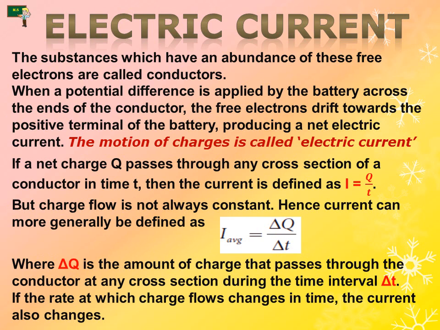So the current can be more generally defined as I average equals delta Q divided by delta t. Here delta Q is the amount of charge that passes through any cross section of the conductor during the time interval delta t. So if the rate at which charge flows changes in time, the current also changes.